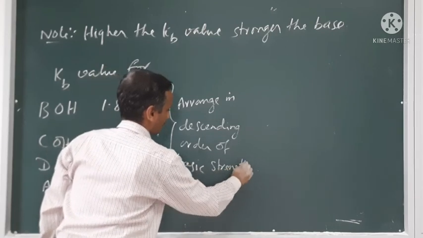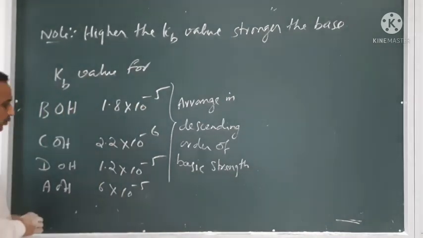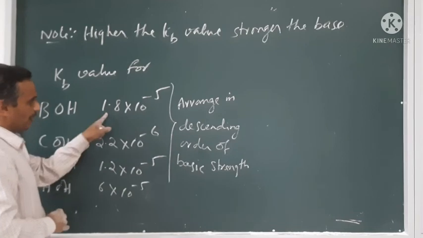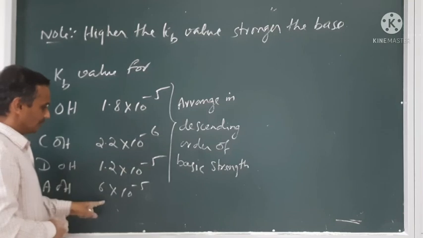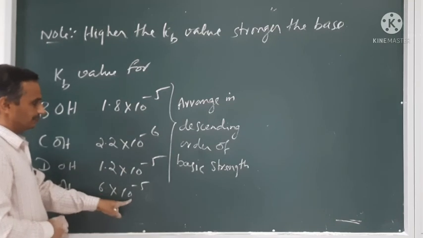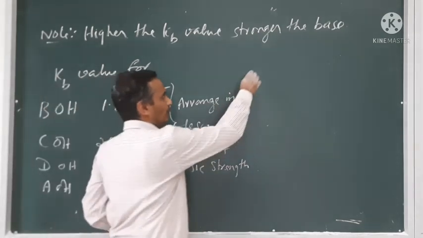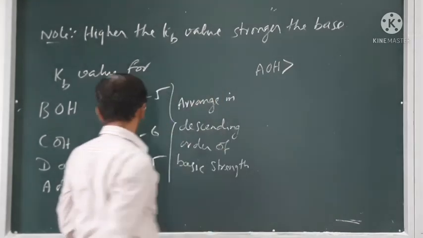So highest is written first. So here, what is the highest value? Just see there. 1.8 into 10 to the minus 5, 1.2 into 10 to the minus 5, 6 into 10 to the minus 5. So 6 into 10 to the minus 5 is the highest. So AOH is the strongest base.